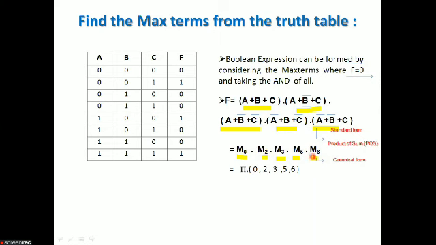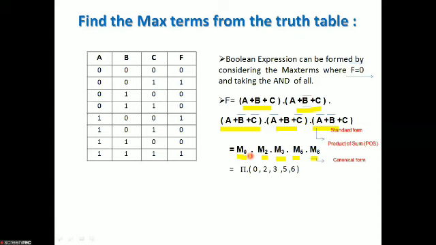Remember one thing, it's very important, I've already told you but I'm telling you again: max terms are represented with a capital M. In case of min terms, it will be a small m with the subscript of the number. In case of max terms, it will be a capital M with the subscript of the number.